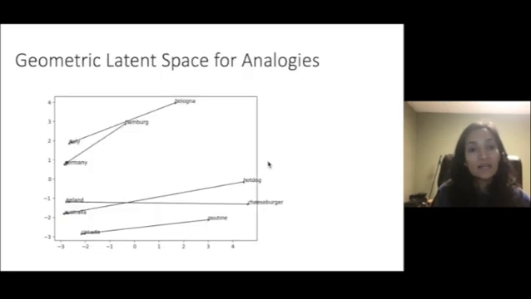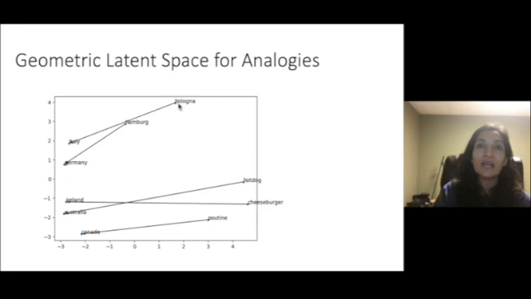The interesting thing about the word vector embedding is in some instances, the latent space has a lot of geometric structure. So people have observed that analogies can be worked out using these embedded spaces. So if you're looking at Italy, the general direction and angle at which Bologna, which is a city in Italy, occurs in relation to Italy is similar to the direction where a city in Germany, Hamburg, occurs in relation to the embedding of Germany.